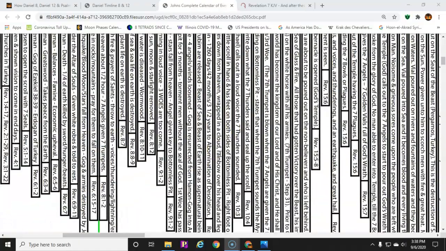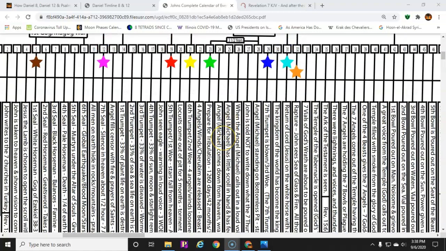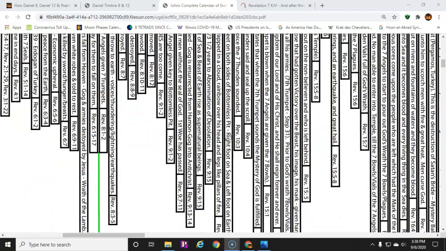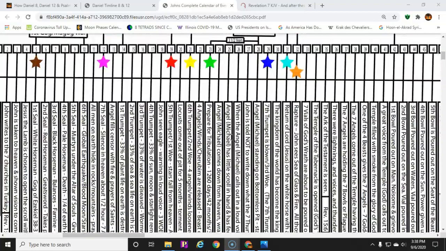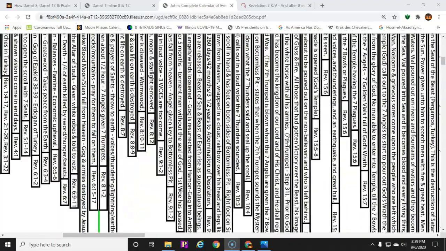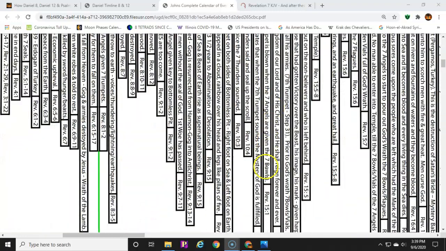Michael comes down from heaven wrapped in a cloth, and then he gives John a scroll, and he says, listen, you're not going to sound that seventh trumpet. We're not going to sound it at the end of 10, and I'm going to explain to you about this prophecy of the nations and peoples. And then we're going to sound the seventh trumpet on the beginning of 15.